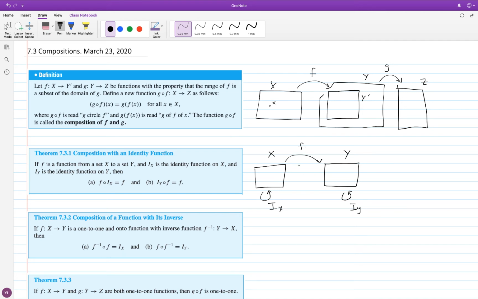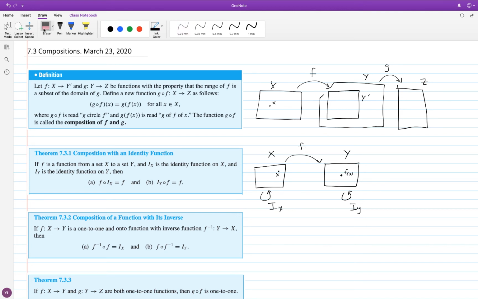If you first run an element through the f function, and then you run that result through the identity of Y, then you're going to get back to just f of x. So again, starting with an element x in the domain of f, running it through the f function and producing f of x, and then running f of x through the identity on the set Y gets you back to f of x.